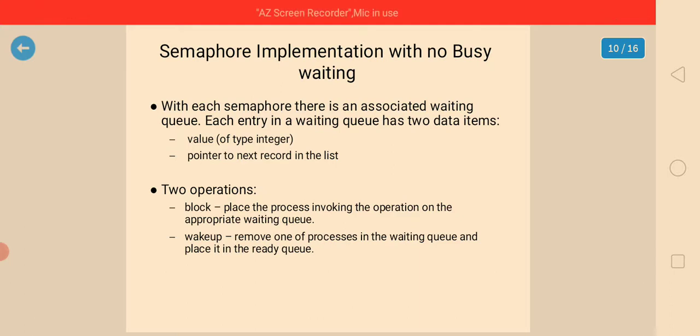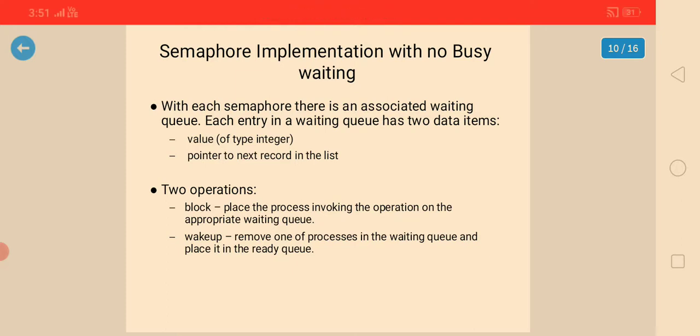With each semaphore there is an associated waiting queue. Each entry in the waiting queue has two data items: a value of integer type, and a pointer to the next record in the list. So these two are the data items.